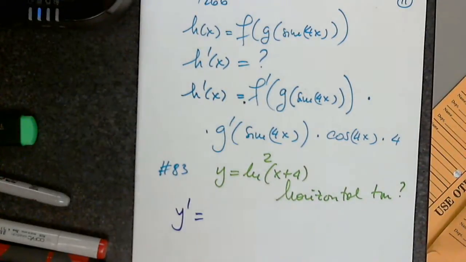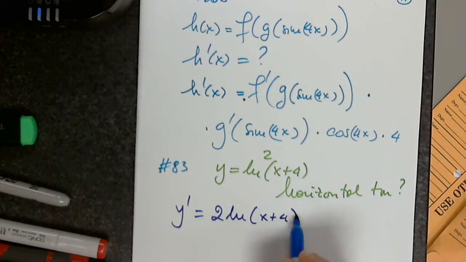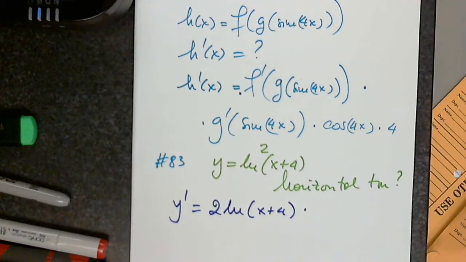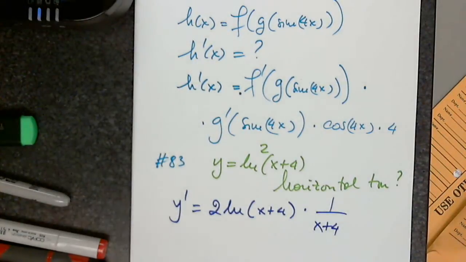So y prime will be 2 times natural log of x plus 4, times 1 over x plus 4 times the inner function prime, but it happens to be 1. Good. What next?